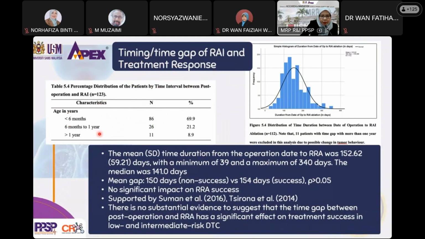From this analysis, the mean gap in the non-success group is 150 days and in the success group 154 days, with no significant impact on RI success. This analysis is also supported by Suman and Sirona et al. So there is no substantial evidence to suggest that the time gap between operation and RI has a significant effect on treatment success.